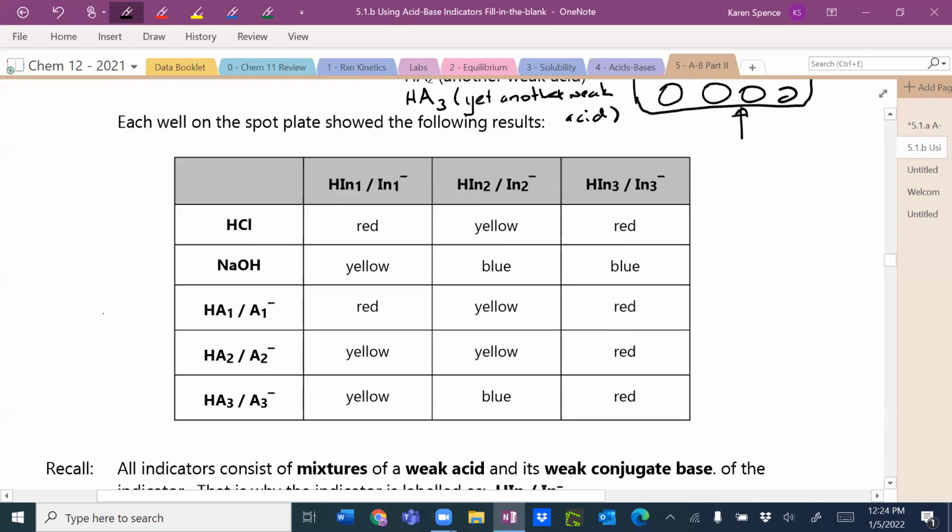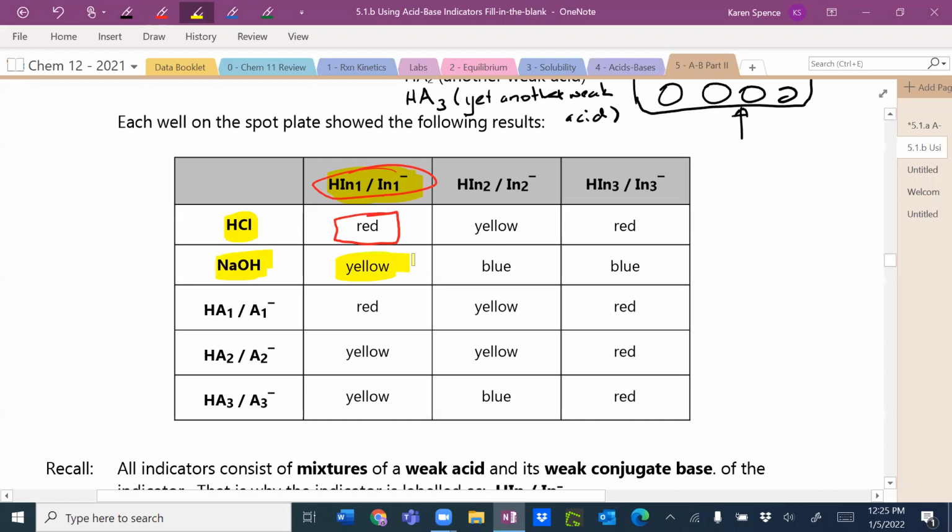And so if I mix together HCl and HIN1, I get the color red. So HCl turns indicator 1 red. In another one, I put NaOH and it turns indicator 1 yellow.